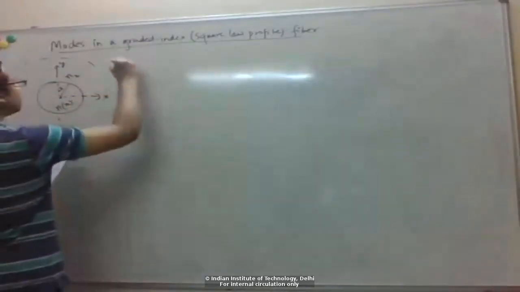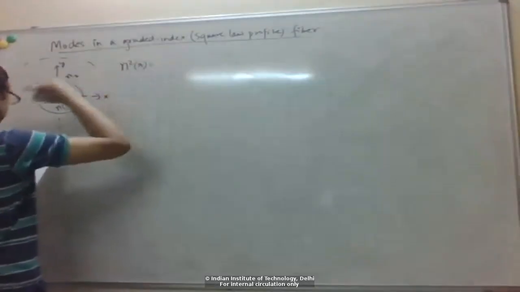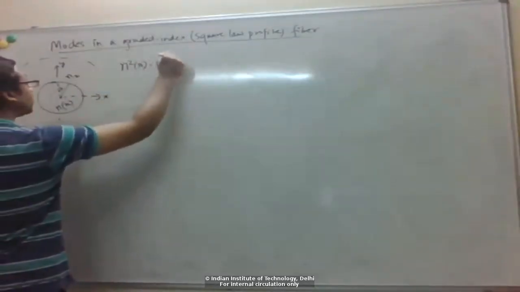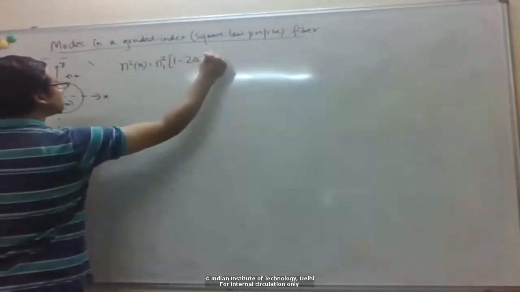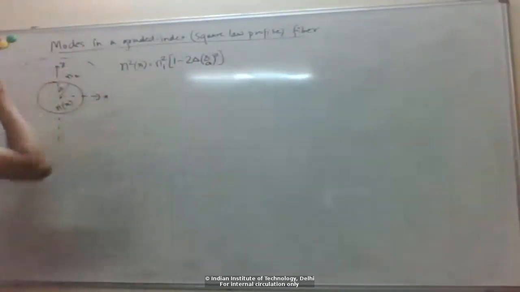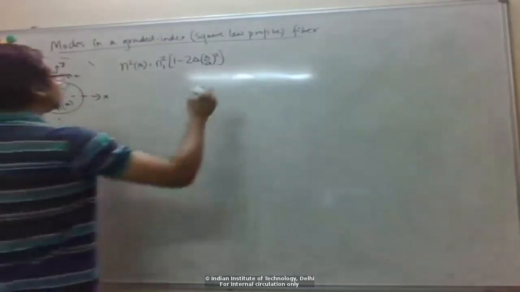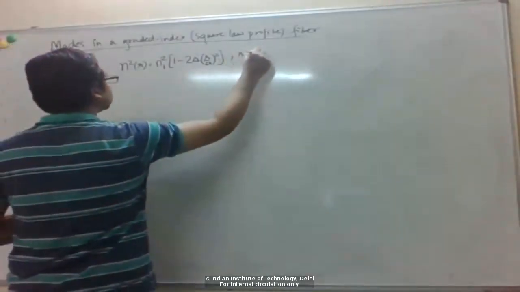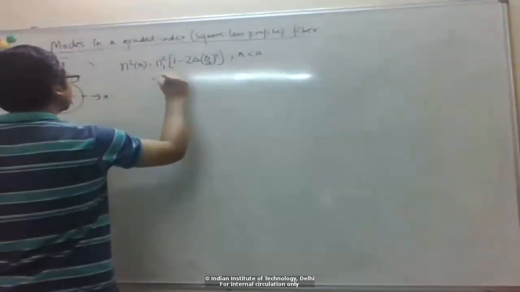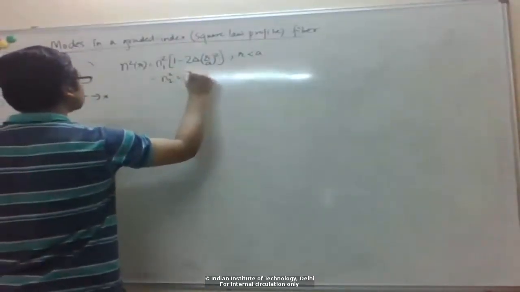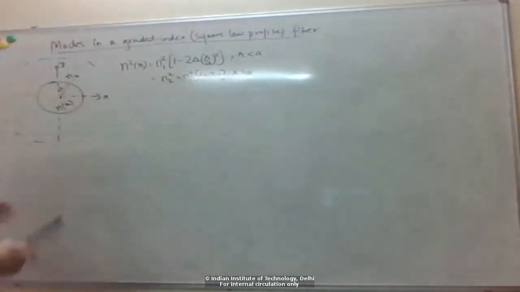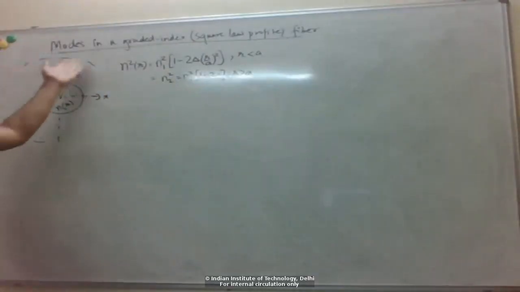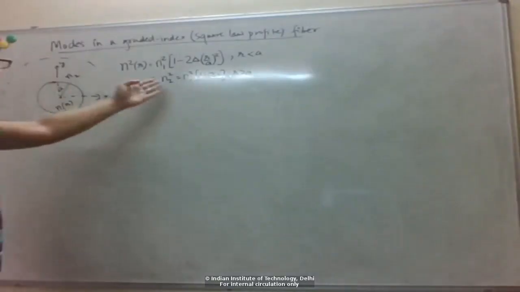So for the square law, for example, you can write the refractive index like this, right? For example, this will be in the core. And in the cladding, it will usually be some constant refractive index.